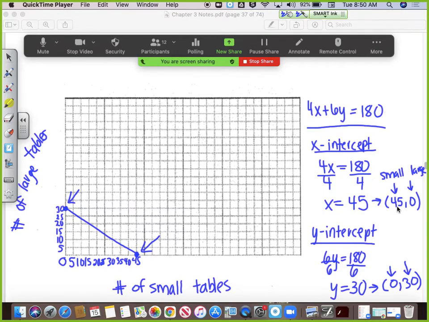You can get 30 large tables and 0 small ones. Perfect. Thank you. Or you could do 0 small tables and 30 large. You also could do anything on this line either, but these are just your x and y intercepts. But anything that lies on this line would be another combination of small and large tables you could rent for the party.